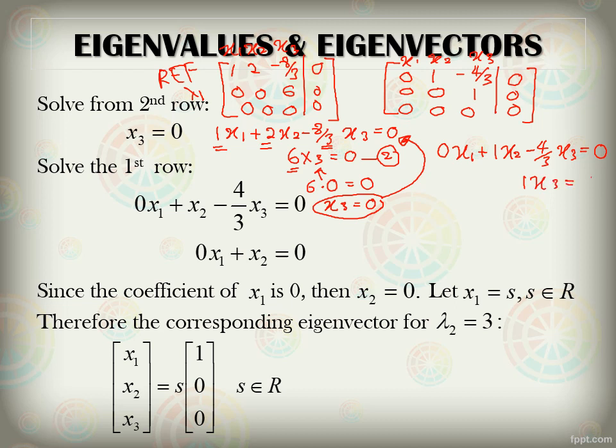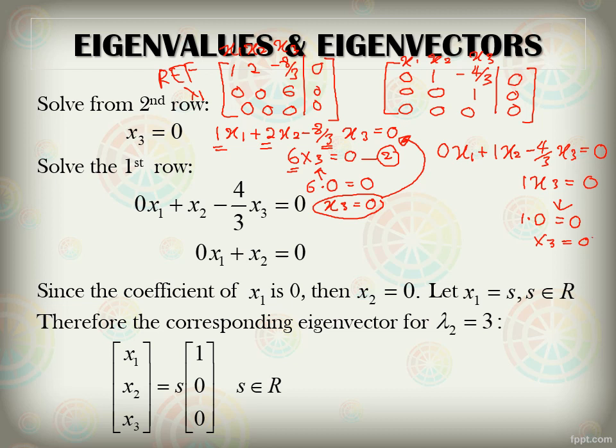x3 equal to 0. So we have two equations, and it is obvious from equation 2 that x3 equals 0, because there is no other solution except 0 for x3 to satisfy the right hand side being equal to 0. So that's why we conclude that x3 equals 0.